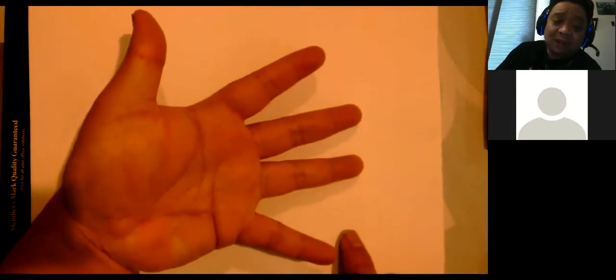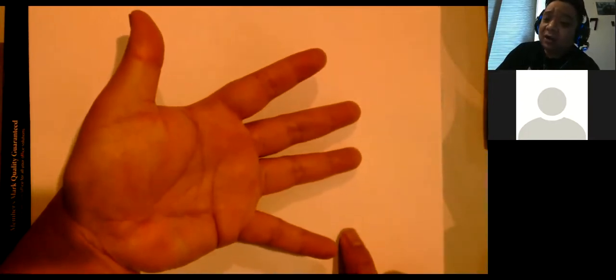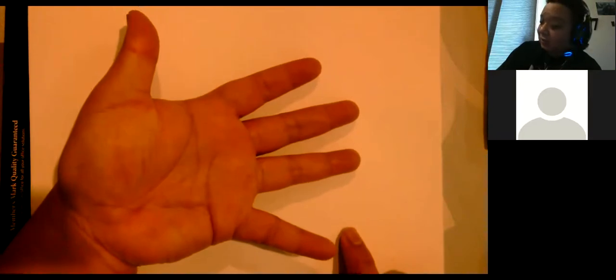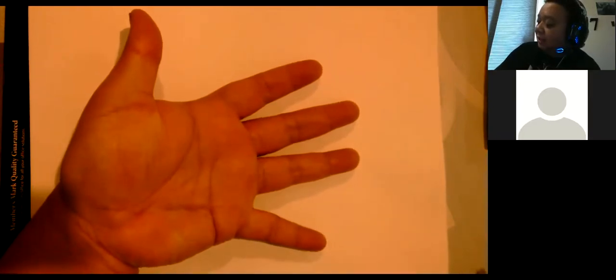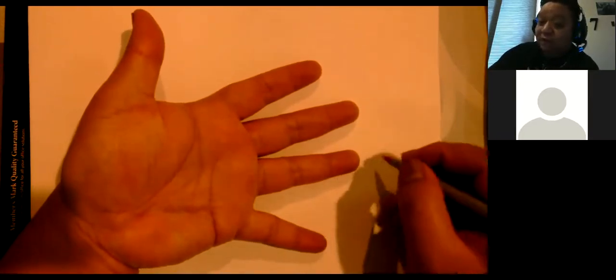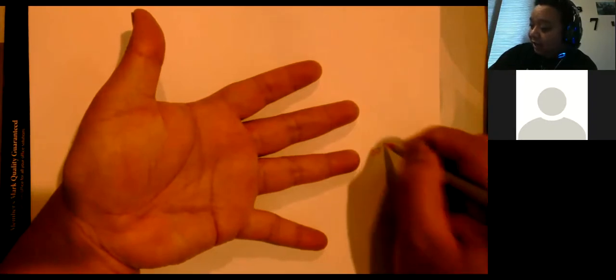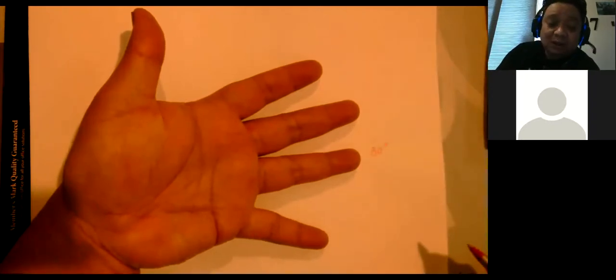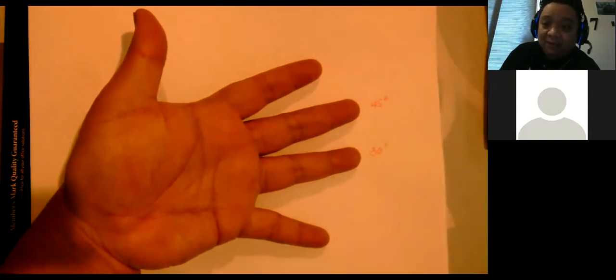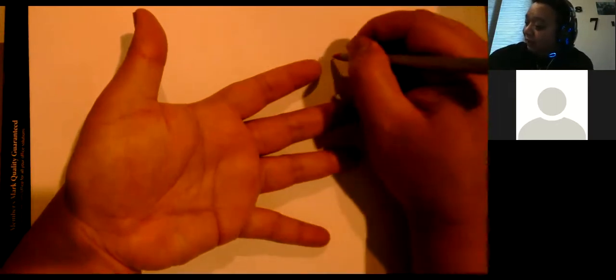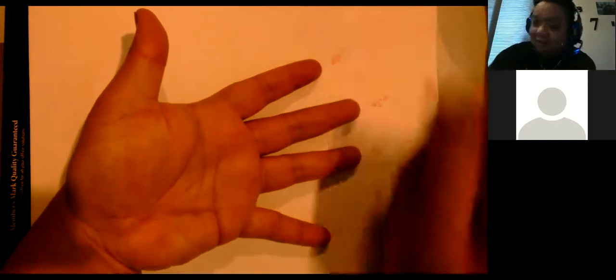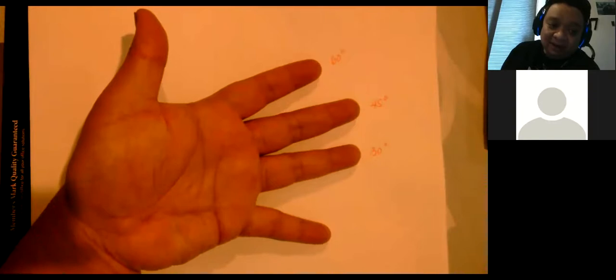The 3 middle fingers correspond to each one of your angles. The ring finger is your 30-degree angle because it's the smallest one of the 3 angles. The middle finger is your 45-degree angle. And then your pointer finger, or your index finger, is your 60-degree angle.